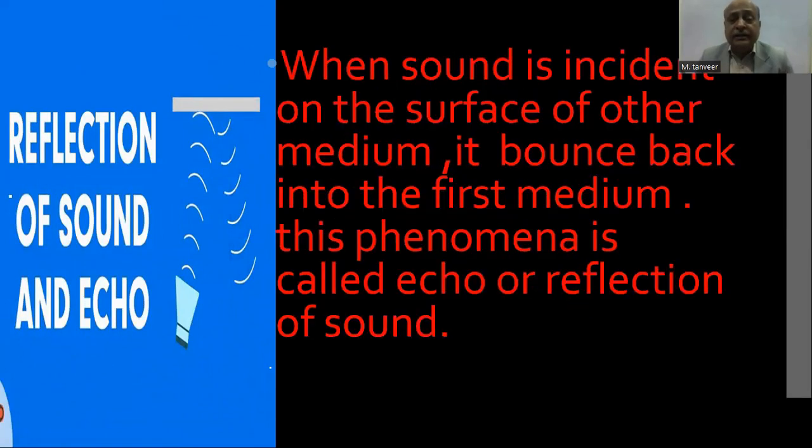When sound is incident on the surface of another medium, it bounces back into the first medium. This phenomenon is called echo or reflection of sound. This is basically echo, when sound is bounced back in the same medium.